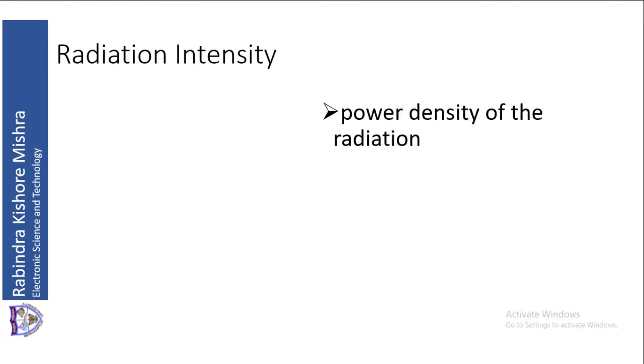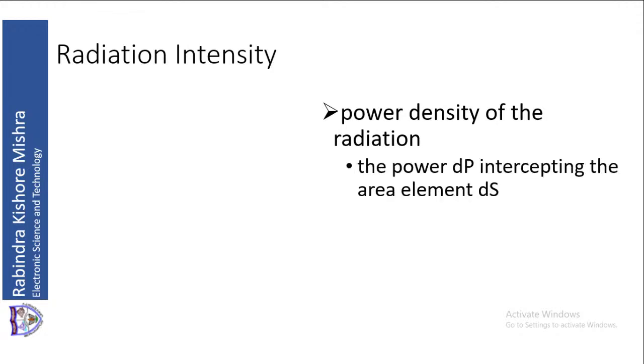Now this P, the Poynting vector, gives us the power density of radiation. So for the radiated field, what is the density? That is given by this Poynting vector. Suppose the power dP is intercepted by an area element dS. So the antenna is radiating power.